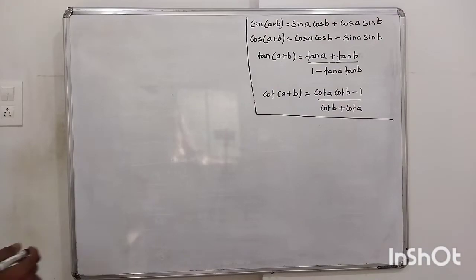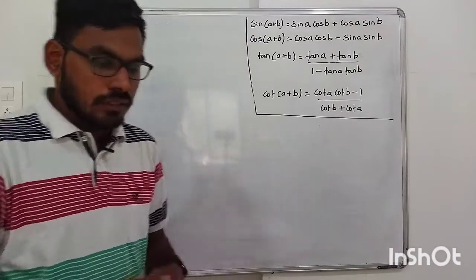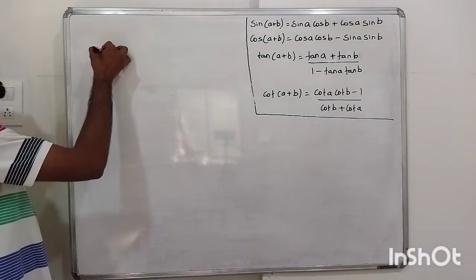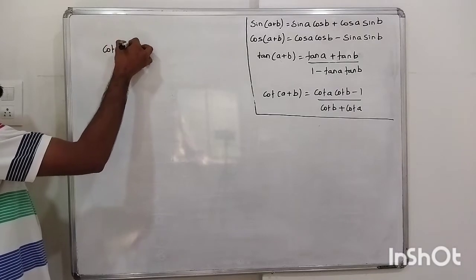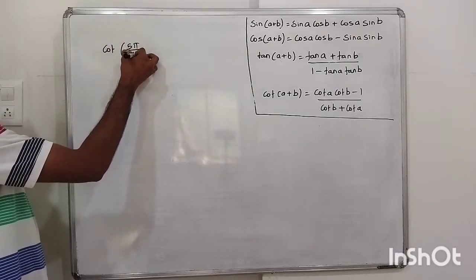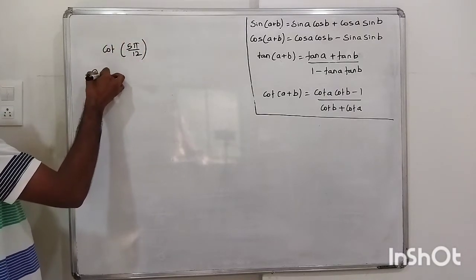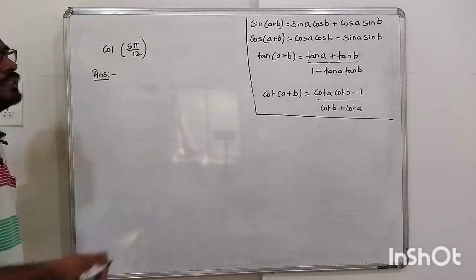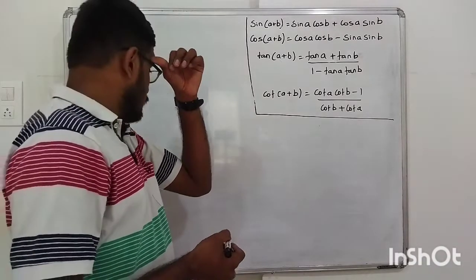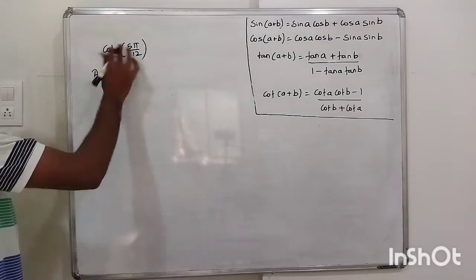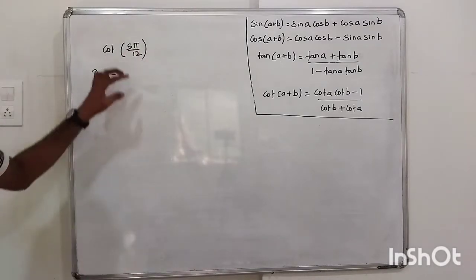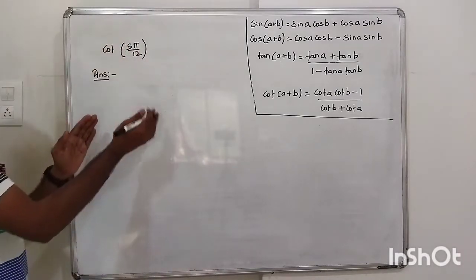Okay, what do we do when we are given an angle in radians? For example, cot of 5 pi by 12. Okay, so the best way is to convert this into degrees and then solve. In radians also you can find it, you have to just simplify this as the sum of two standard angles.